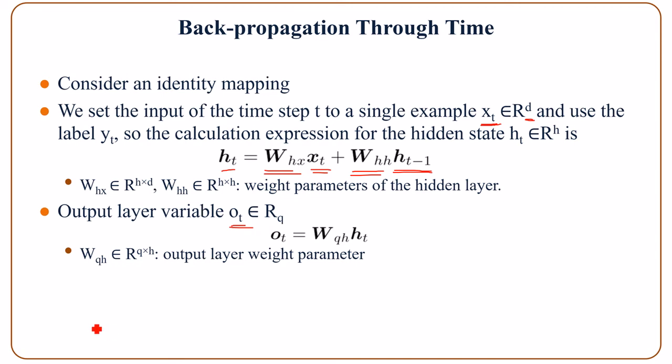Following the formula in the previous slide, o_t, the output layer variable, is equal to w_qh times h_t. And again, here we don't have the bias vector to make things simple.